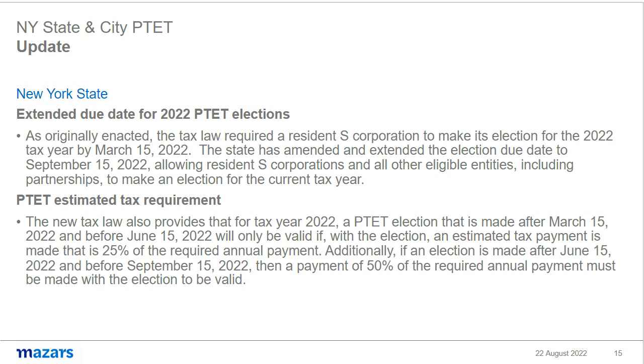If the election is made between March 15th and June 15th, you have to have a 25% estimated payment made with the election for it to be valid. And again, if it's between June 15th and September 15th, a 50% payment has to be made in order to have a valid election.